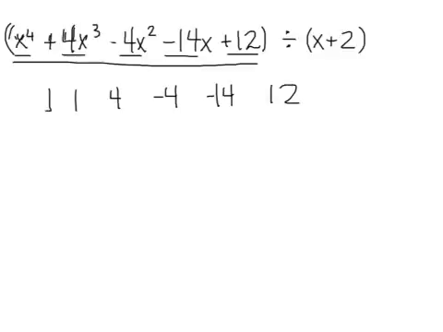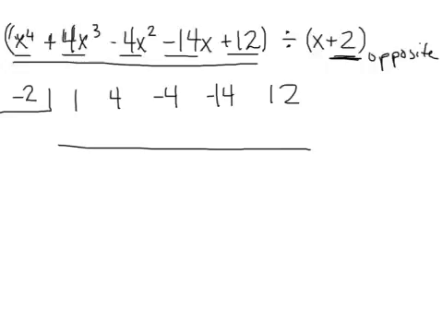Then we're going to make a little box over here, and what we put in the box is whatever our divisor is, we're going to take the opposite sign. So it's +2, we'll put in our box -2.